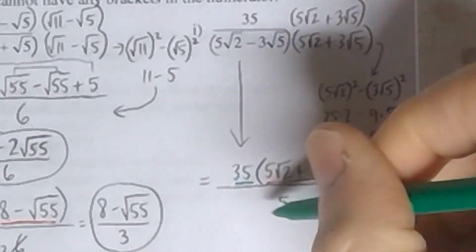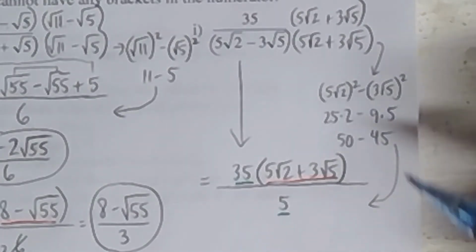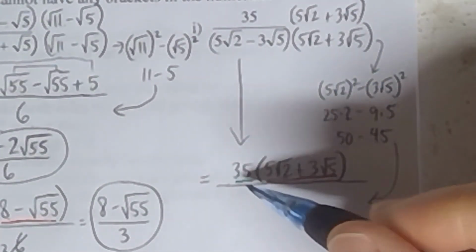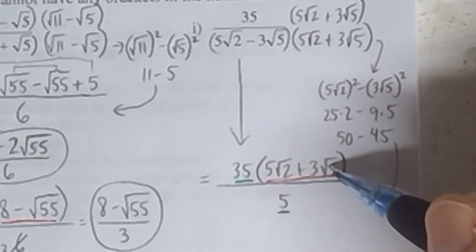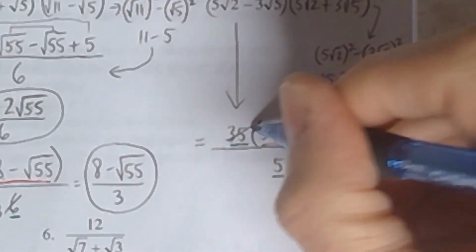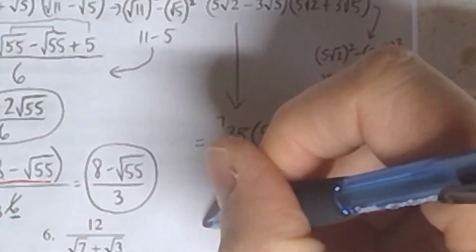The bottom here is now green after we figured out what it was equal to. So figure out what the denominator is equal to. See if that new denominator cancels with anything on the top before you actually clear out your brackets. It makes things easier because this time what happens? The 35 and 5 do cancel. Remember, you're allowed to cancel green with green.